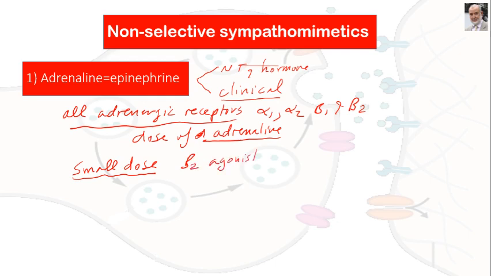It will have more affinity to beta-2 receptors at small doses. That means in small doses, adrenaline will act as a beta-2 agonist on blood vessels.